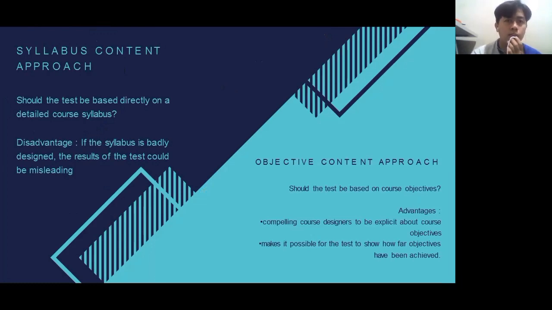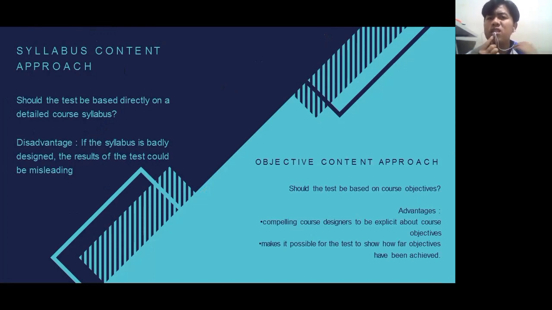What is the syllabus content approach? The test should be based directly on a detailed course syllabus. Disadvantage: if the syllabus is badly designed, the result of the test could be misleading.